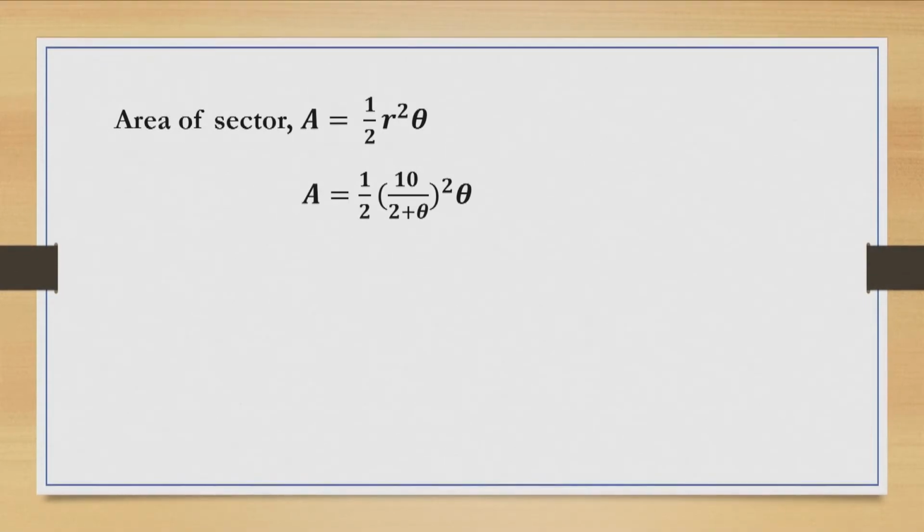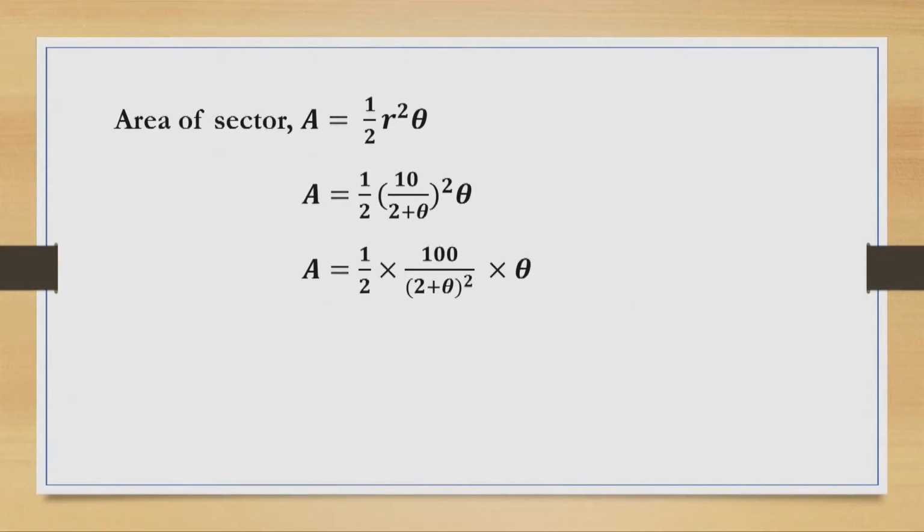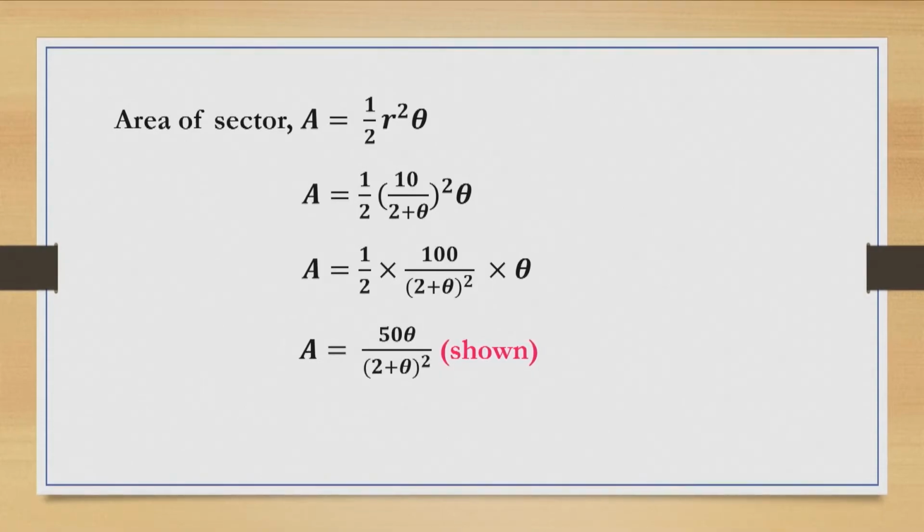So A is going to be equal to half into (10 over 2 plus theta) squared times theta, which gives me half times 100 over (2 plus theta) squared times theta. Simplifying, I obtain 50 theta over (2 plus theta) squared. And this was what was asked to be shown.